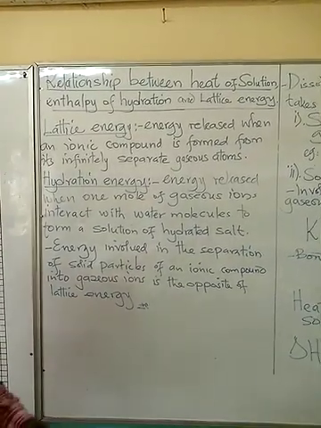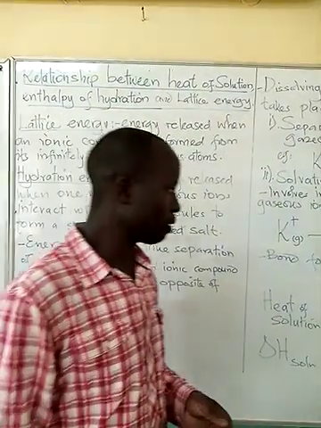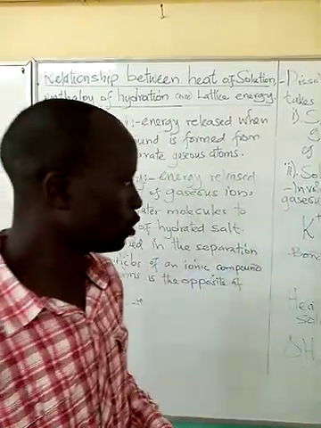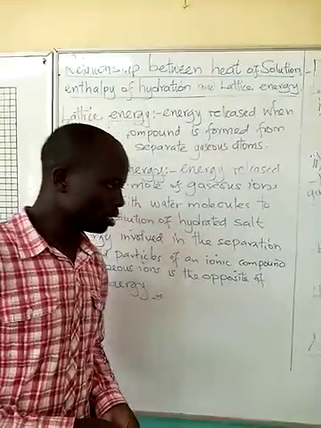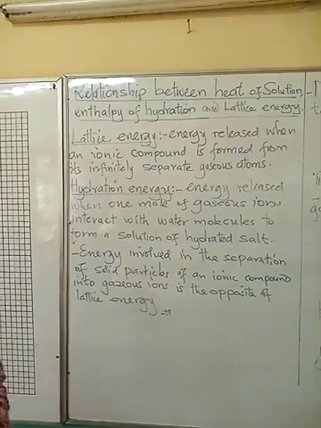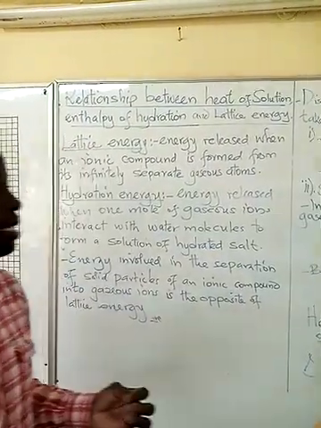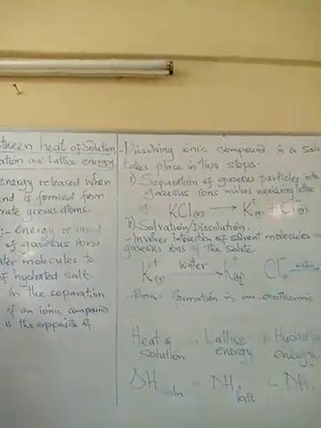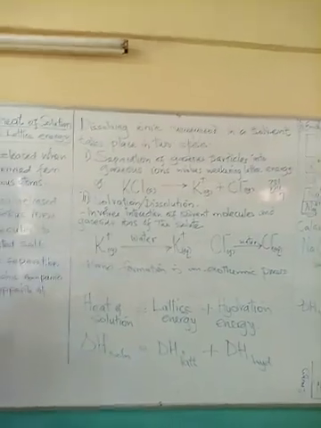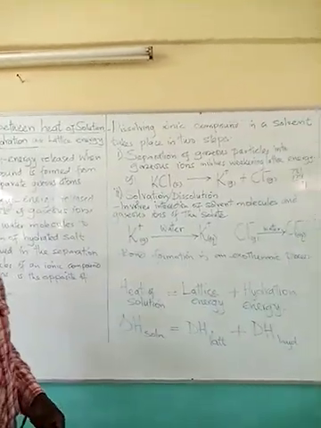That is, if we have an ionic compound, for example sodium chloride or potassium chloride, for hydration to take place, there must be breaking of the lattice energy. And bond breaking, as you know, is normally endothermic.